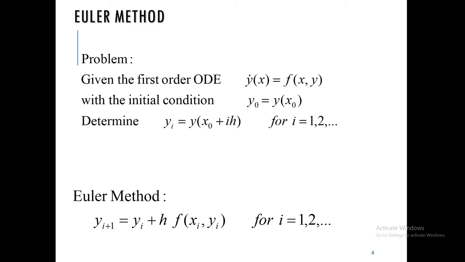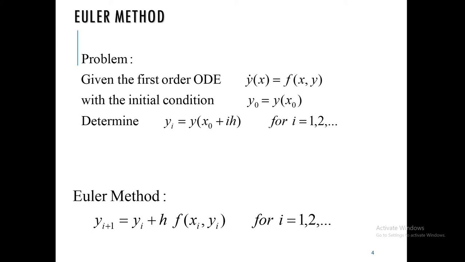Are you getting it? So when i is 0, then we have y1 equal to y0 plus h times f at x0, y0. This is the general equation.